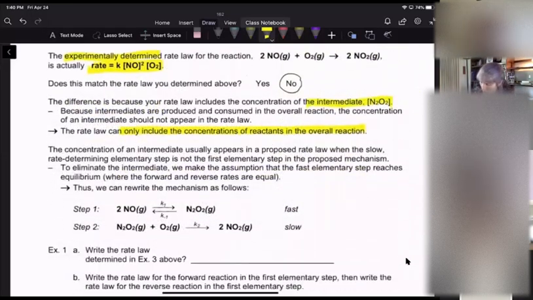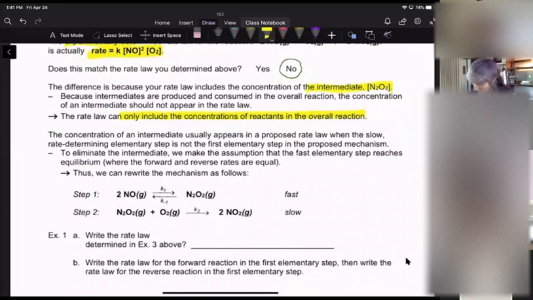Here we're going to introduce a reversible fast step. And then I can write the reaction for that fast step. What that's saying is that step 1 comes to equilibrium before step 2 even gets going. And that's what it means to be fast.